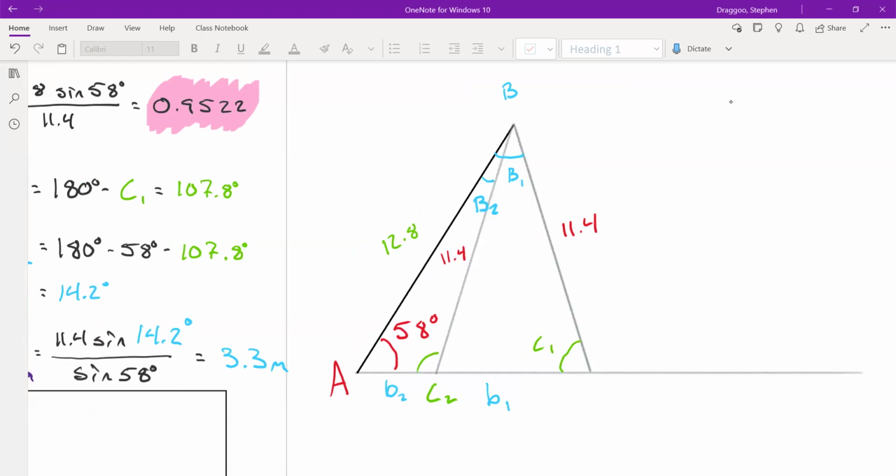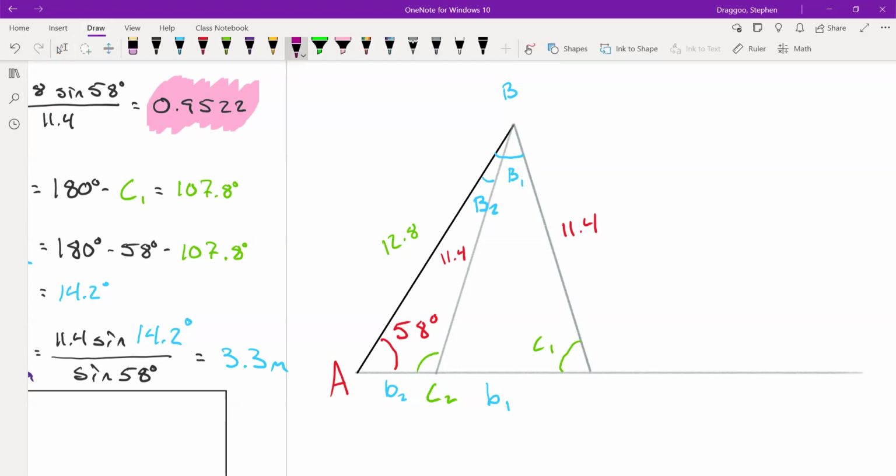Gotcha. So the question was, for clarification's sake, about that highlighted 0.09 number up on the upper left. If that number is less than 1, you get two triangles. So let me draw that in. Less than 1 means two triangles.